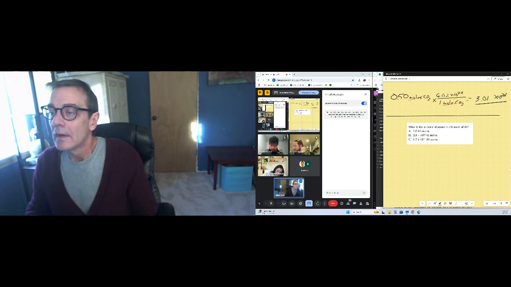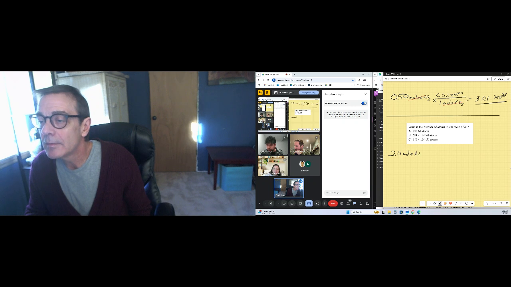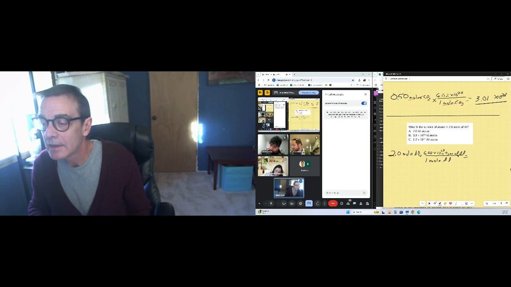So we are given 2.0 moles of aluminum. I'll set up our conversion. So for every 1 mole of aluminum, there are, again, 6.02 times 10 to the 23rd atoms of aluminum.